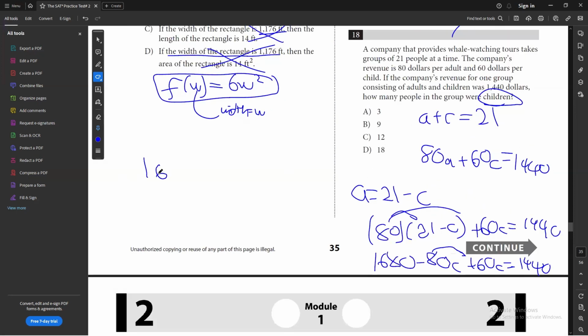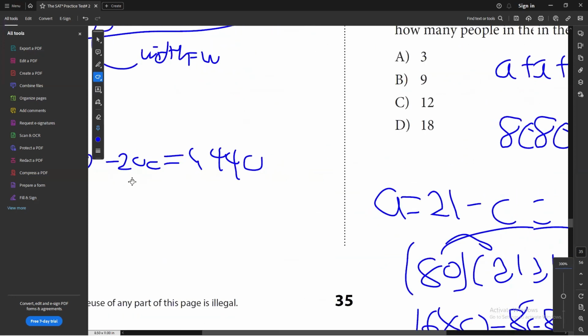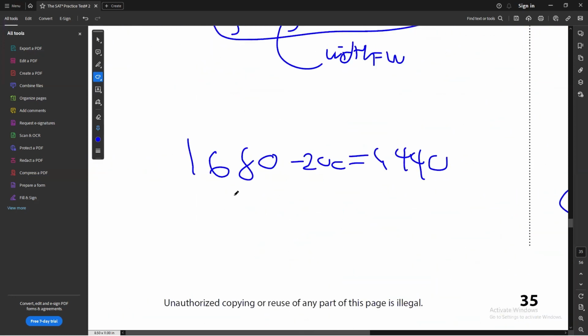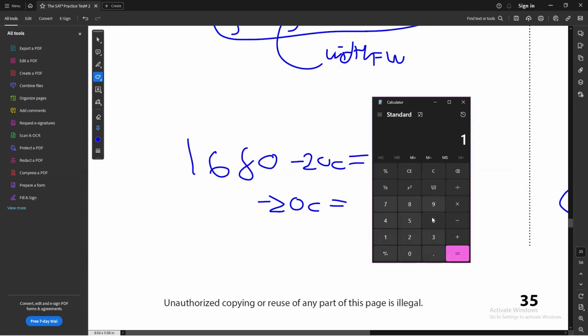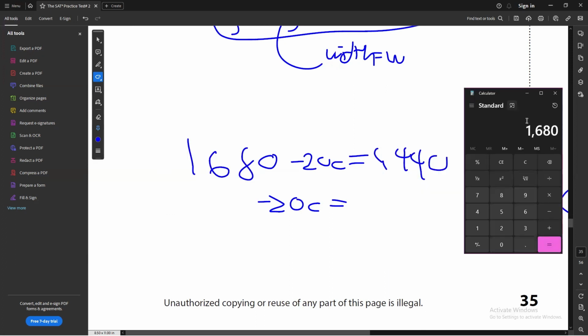So 1,680 minus 20C is equal to 1,440. And after that, we're going to solve for C. Let's just subtract 1,680 from both sides, and we're going to end up with negative 20C equals to 1,440 minus 1,680.